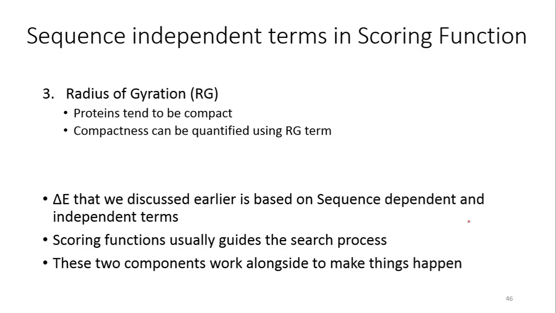Now, compactness can be described by radius of gyration. As I have already described, compactness is also one of the factors. We know by studying a lot of proteins that have been crystallized or experimentally derived so far that proteins tend to be compact. This compactness can be described mathematically in terms of radius of gyration.